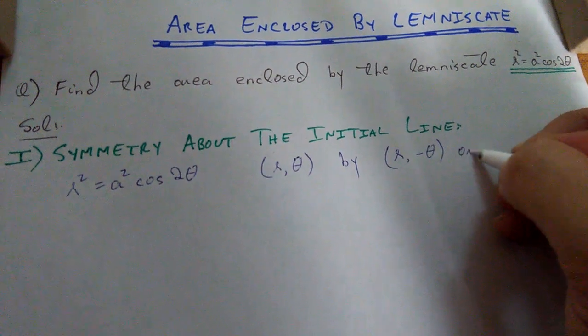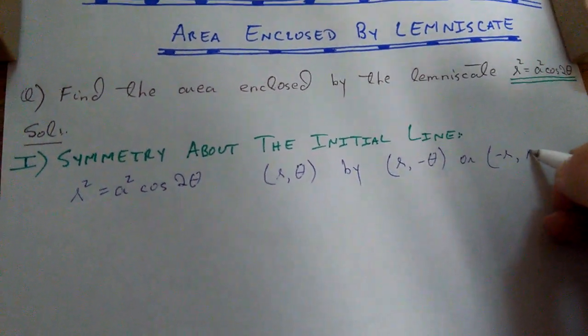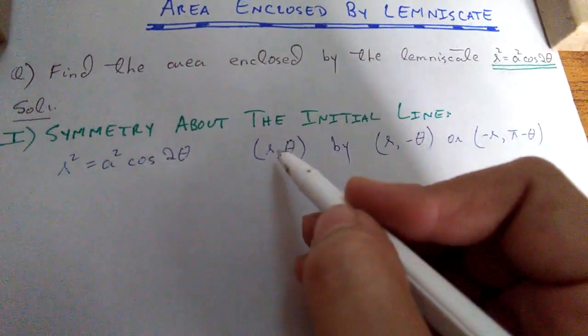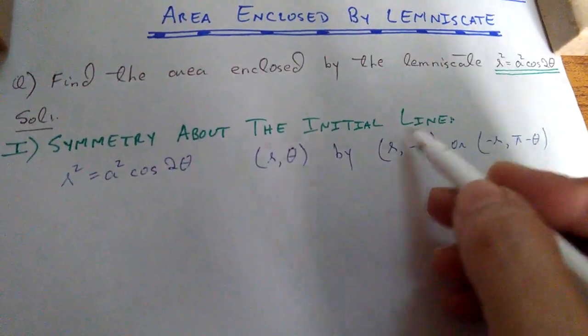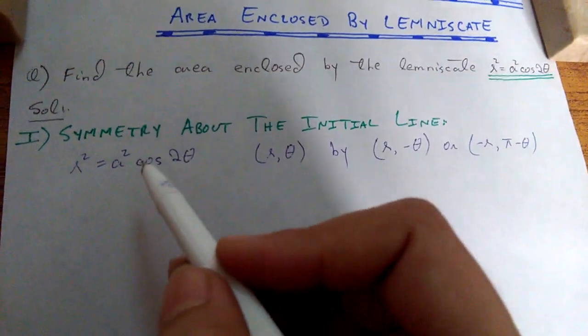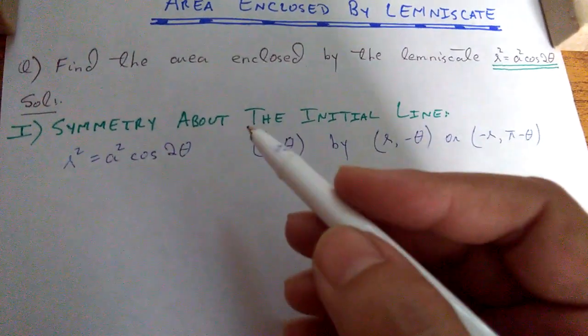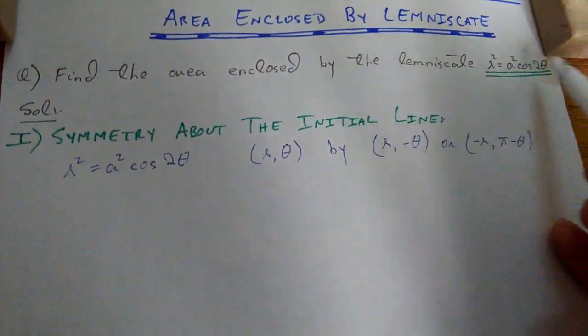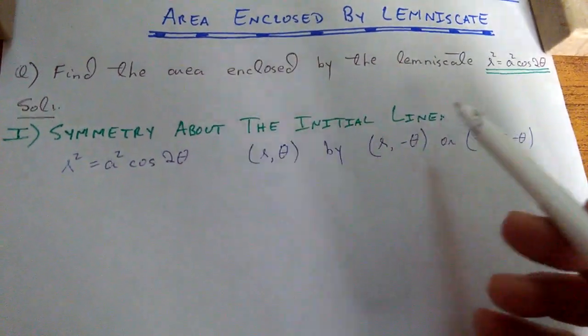If we try to substitute at the place of r, theta either this or this, and the equation remains unchanged, then we will say that the curve is symmetrical about the initial line.